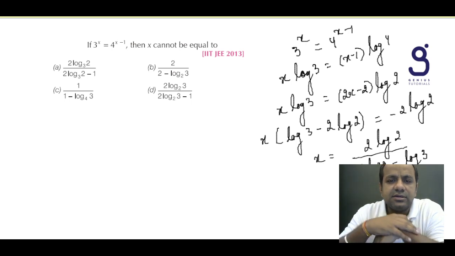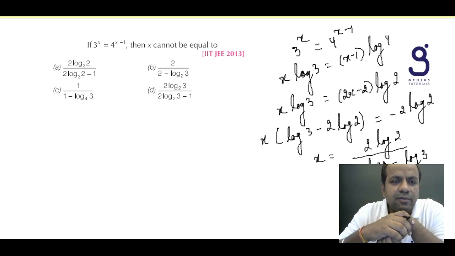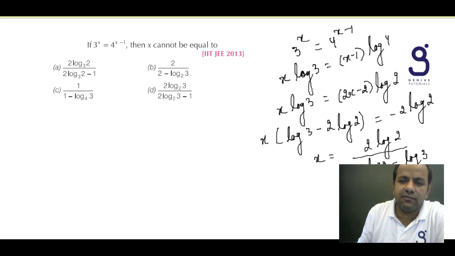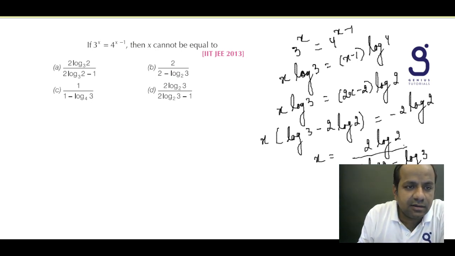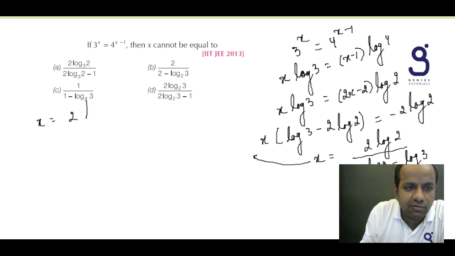The point is, there is no value here that simplifies it, so we can do one thing: we can just divide by log 3 in the numerator and denominator. What you will get, dividing by log 3, is x is equal to 2 log 2 upon log 3, divided by 2 log 2 by log 3 minus 1.